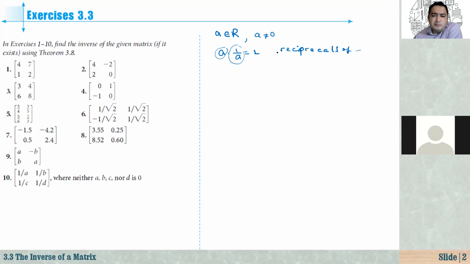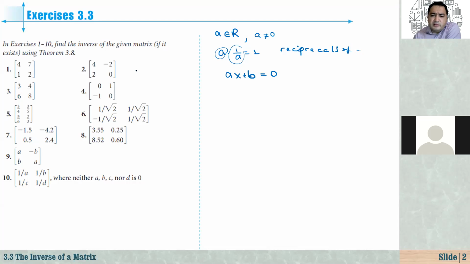So reciprocal means multiplicative inverse again. If you're given two numbers and their product is equal to 1, then we say that these are reciprocals of each other. And that is a very important concept, especially in solving equations, right? For example, if you're given a linear equation, let's say a times x plus b is equal to 0, how do you solve this equation?